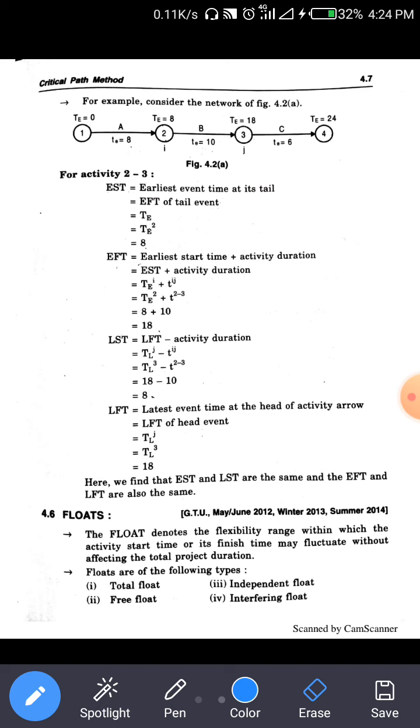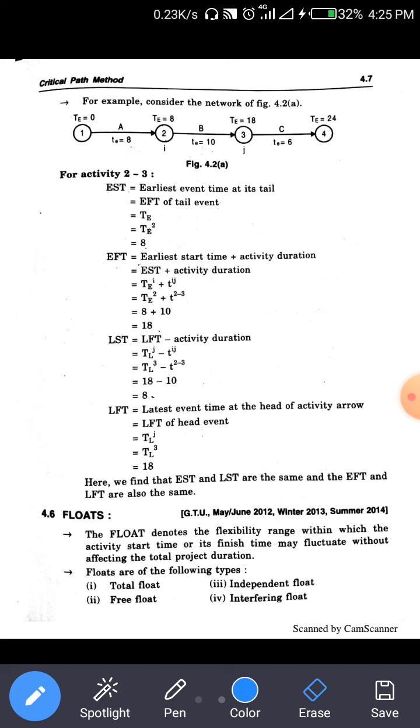So TEI is equal to 8, because we already found the value 8. It is the earliest event time of its tail. Then the earliest finish time is the earliest starting time plus the activity duration. So the earliest starting time is 8 plus the time duration 10, and 8 plus 10 is equal to 18. So this is the earliest finish time.